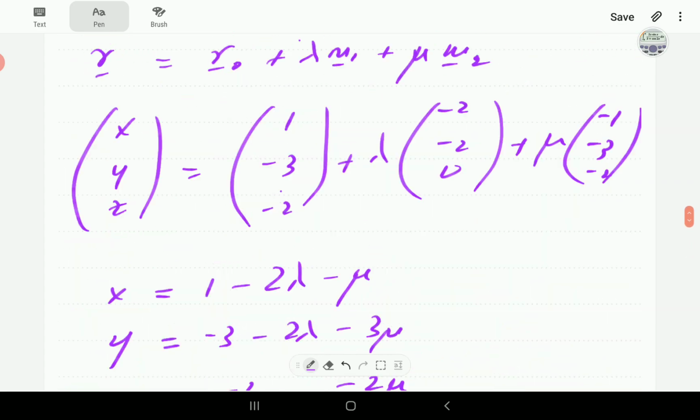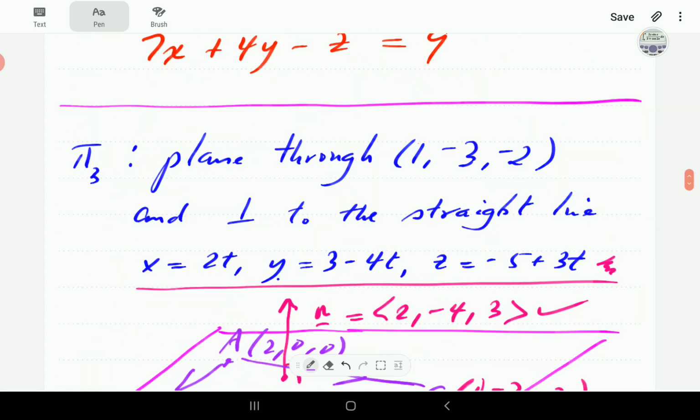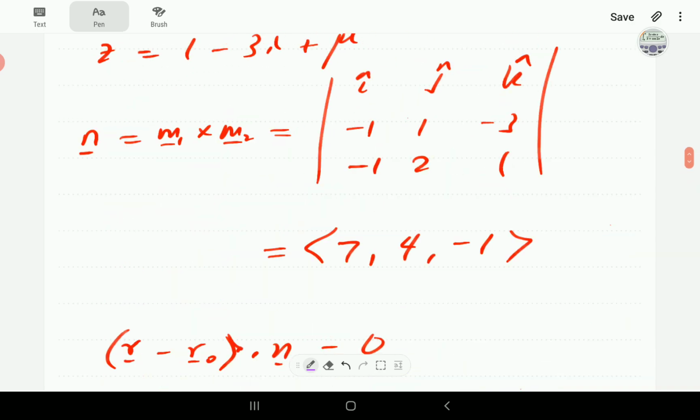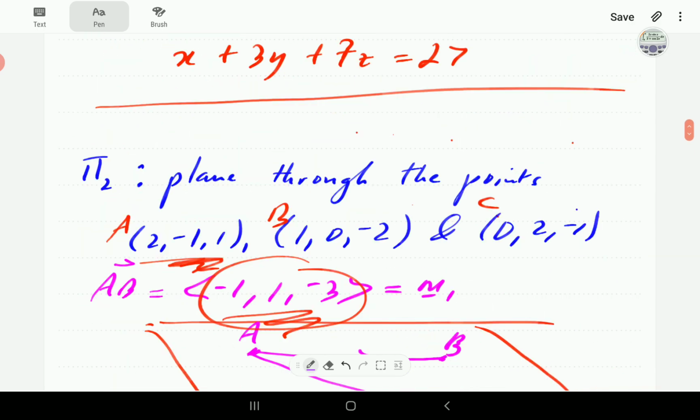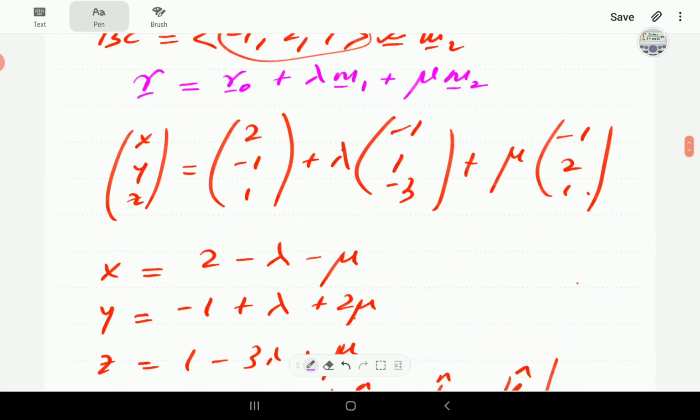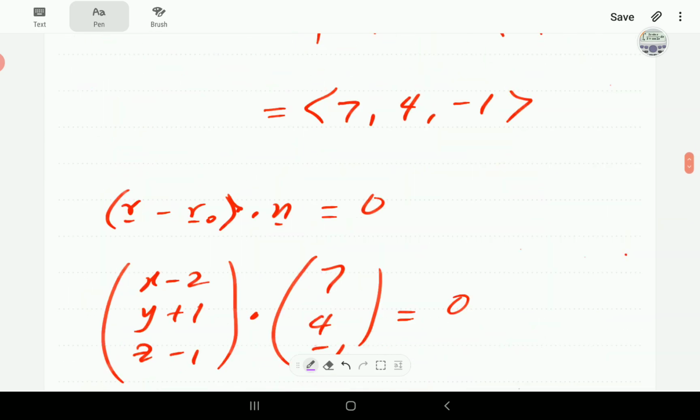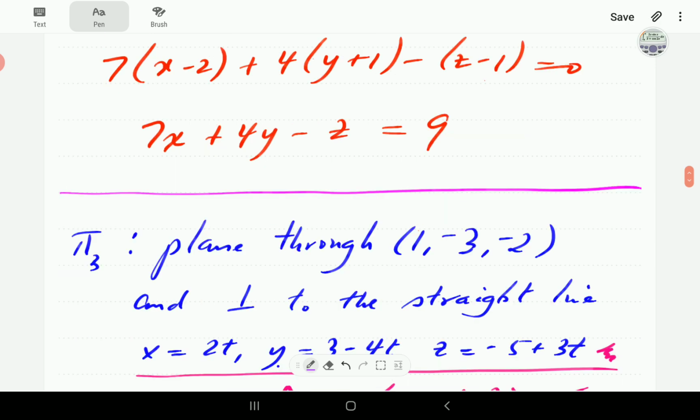We could do the same thing with the scalar equation, but we're going to have to solve equations at each point.